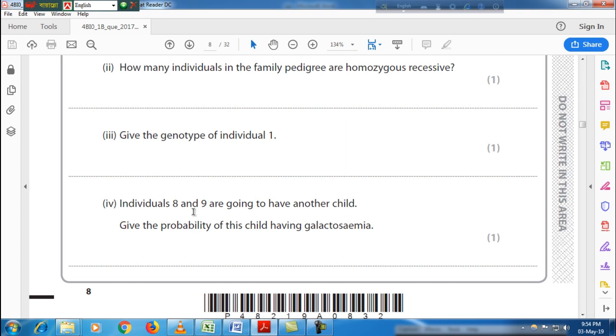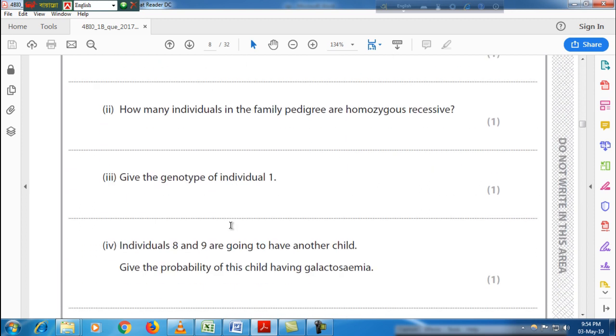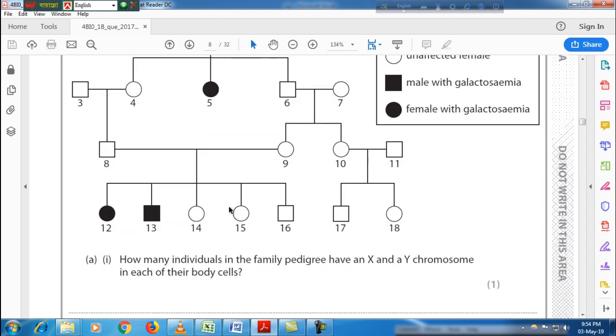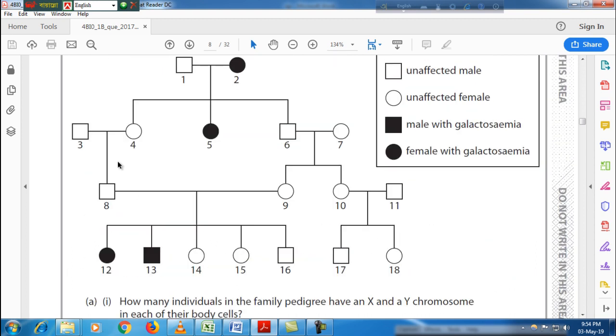That means there is a probability, so actually the answer is already given in the question. If there is a probability, then 8, we know, will be hetero. One will be capital letter G, the other one will be small letter g. So based on the question, if there is a probability, then 9 will also have to be hetero. That means it will be capital letter G and small letter g.